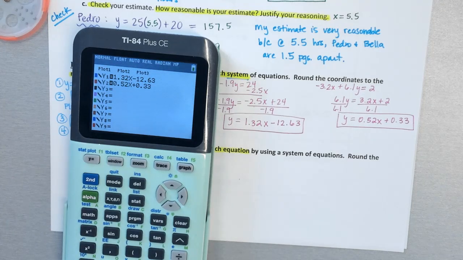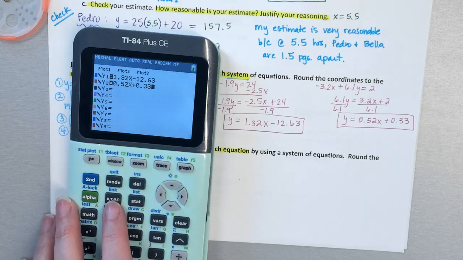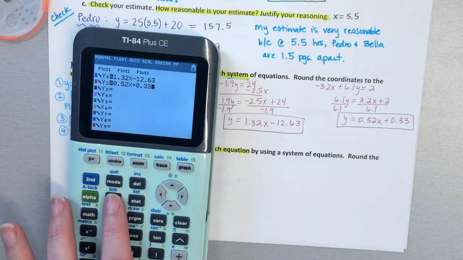Once you have those entered in, we will do the next step together. The X button is this variable button here. It says X, T, theta, n. The X is the variable for the mode that we're in. So if you press that, that's your variable.